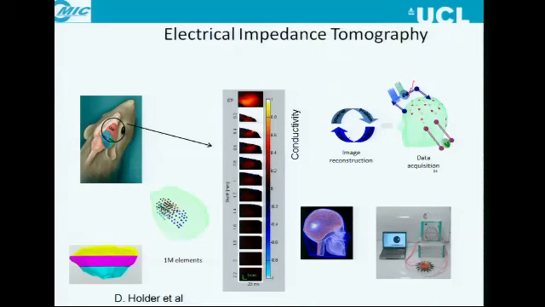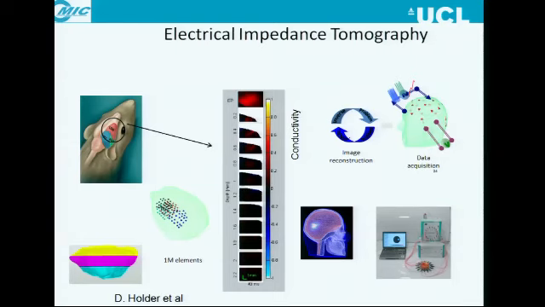A problem that's widely been researched by the inverse problems community is electrical impedance tomography, where we use low frequency electromagnetic radiation with a small number of electrodes.